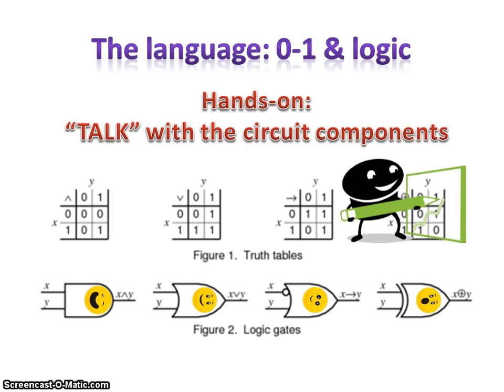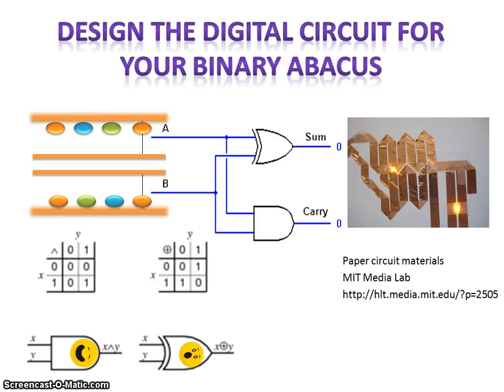After the kids know the characteristics of each component, they are going to design the circuit to show the thinking path with the binary abacus. This is an example of how they do addition.